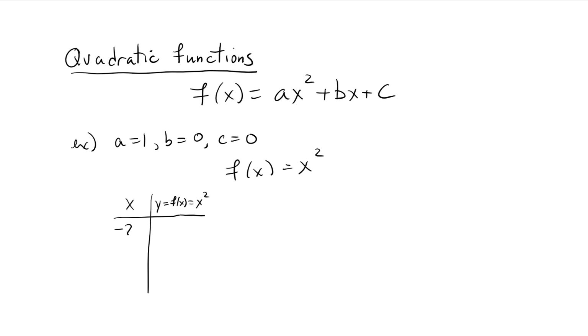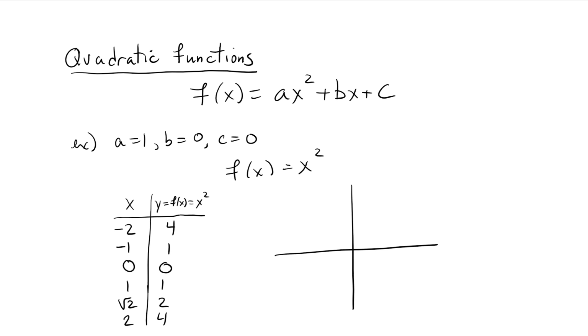If x is minus 2, it's going to be squared, so the y value is going to be 4. Minus 1 gives 1, because when you square minus 1, you get 1. 0 gives 0, 1 gives 1, 2 gives 4. And maybe in between, if you want to, square root of 2 gives 2. Here we go, so we've got many points here.